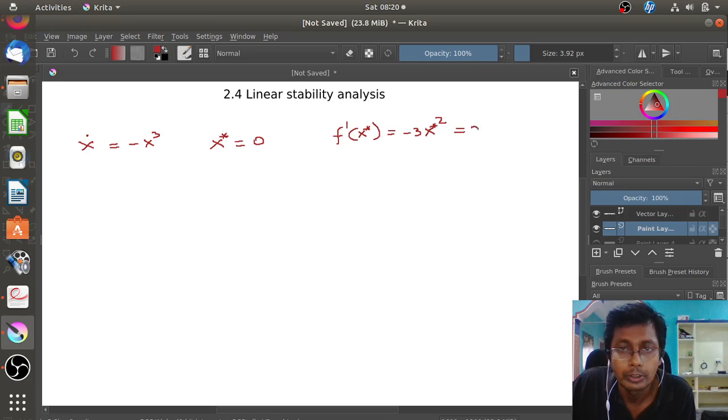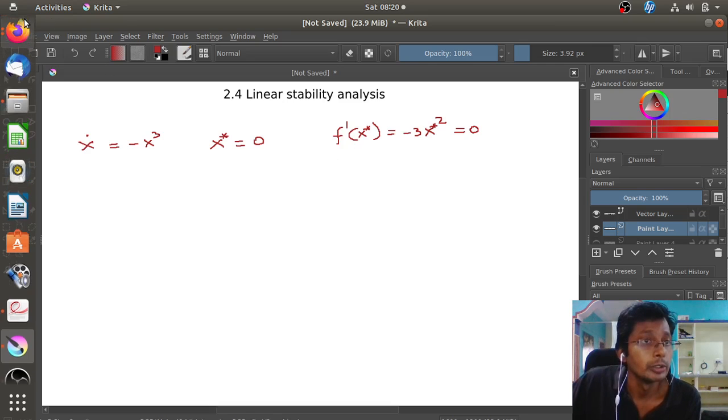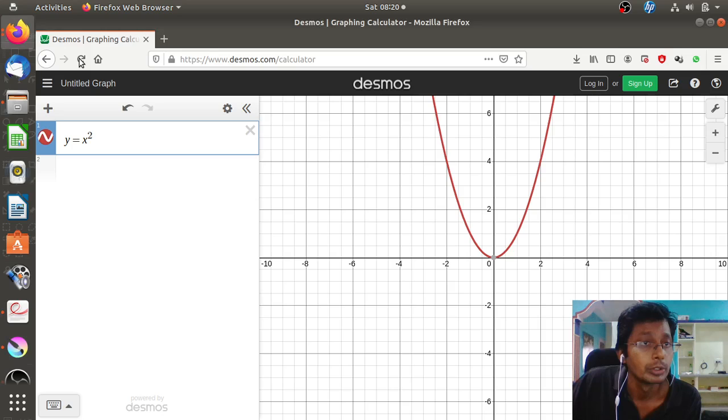So here our value is 0, right? In that case I cannot say whether the solution is stable or unstable. I have to rely only on the graphical approach. Okay, but at this moment let's see whether it's stable or unstable by using the graphical approach.